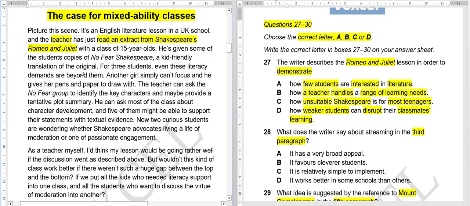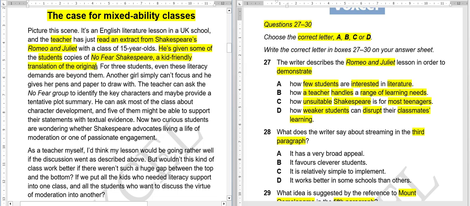He has given some of the students copies of No Fear Shakespeare, a kid-friendly translation of the original. And what the teacher is doing is, on the one hand, reading the extract from Romeo and Juliet, and simultaneously he has given some of the students copies of No Fear Shakespeare.